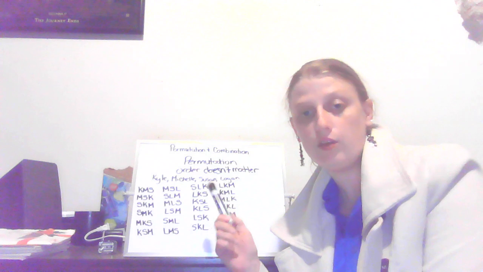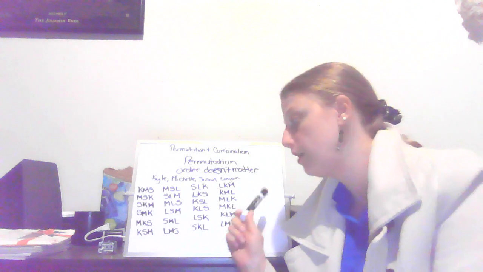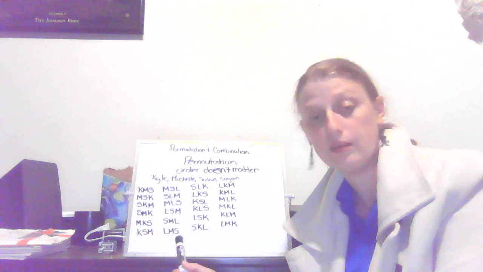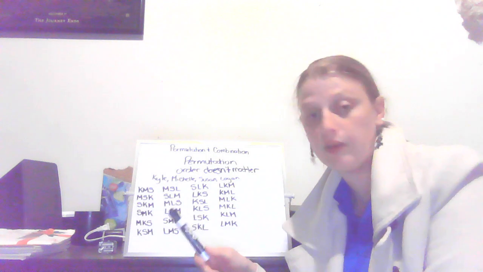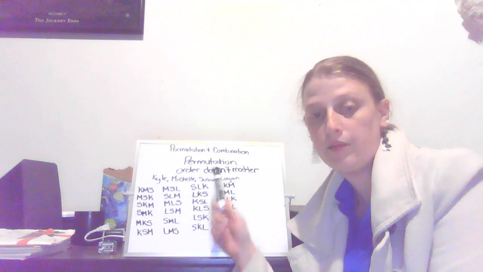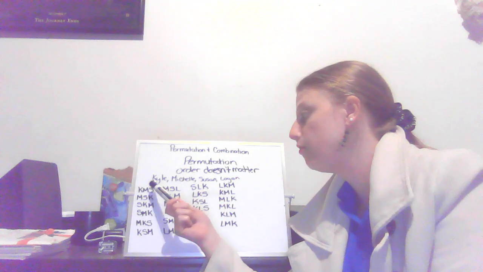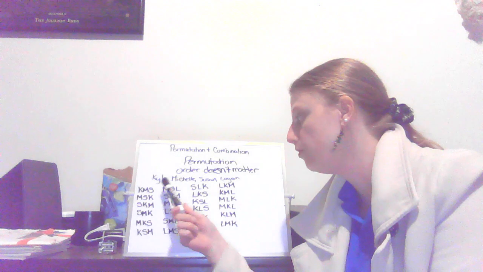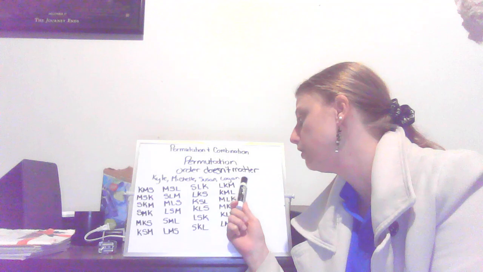So the first thing we're going to look at is permutations. I already have it labeled out here, but I'll go over it with you as I explain it. As I said, permutations, order doesn't matter. Let's say, for example, we have 4 competitors in a singing competition: Kyle, Michelle, Susan, and Logan.